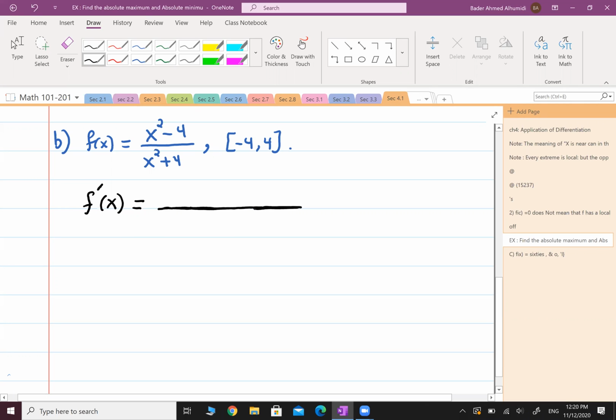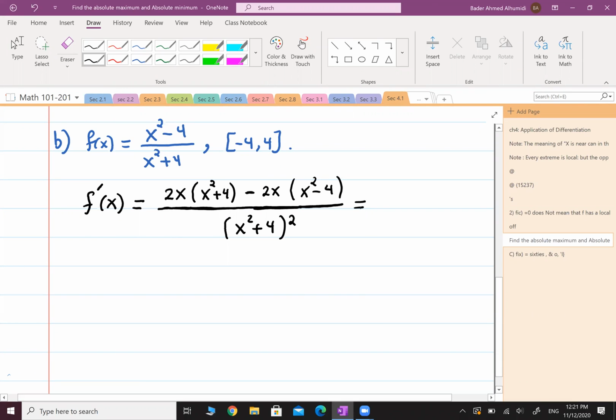The quotient rule says differentiate the numerator first, that is 2x, multiplied by the denominator, x squared plus 4, minus the derivative of the denominator, 2x, times the numerator, x squared minus 4, divided by everything downstairs, (x squared plus 4) all squared. Okay, fine, let us simplify.